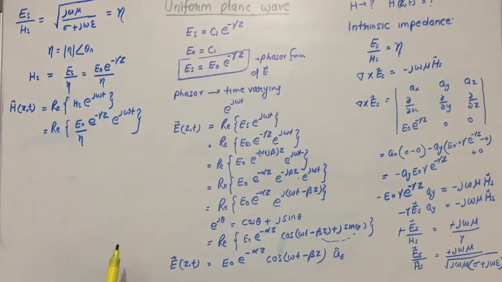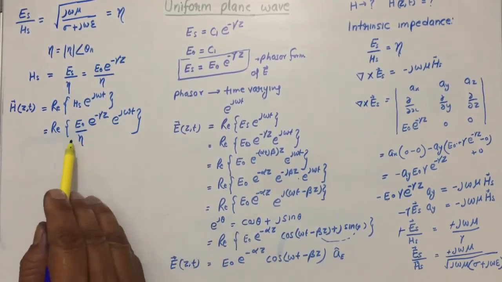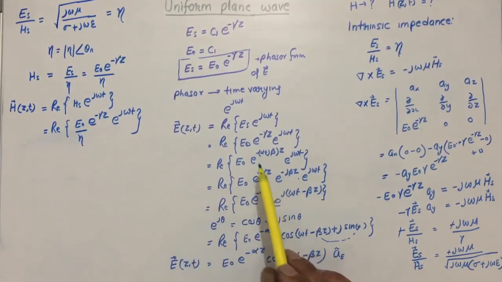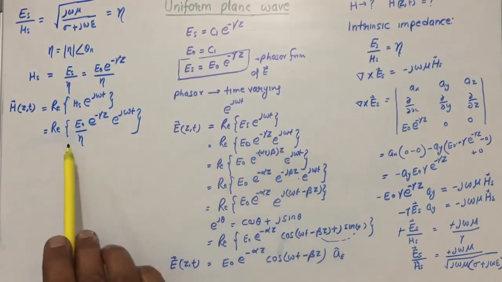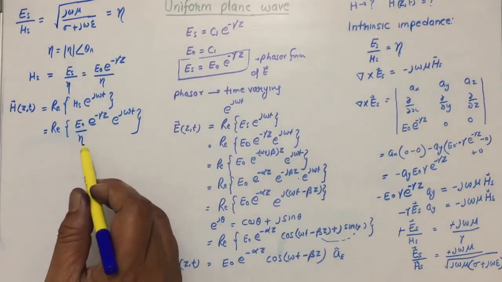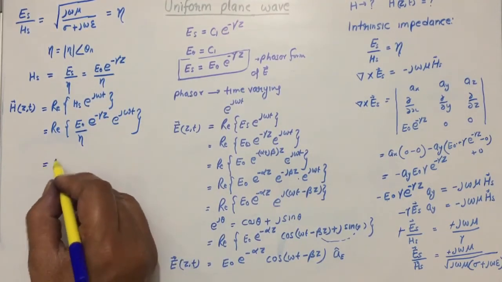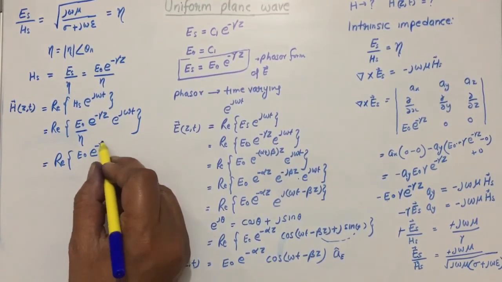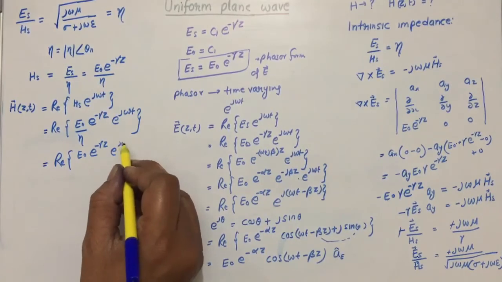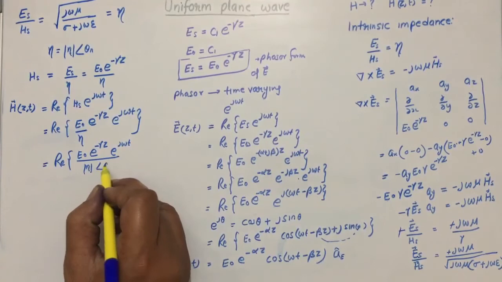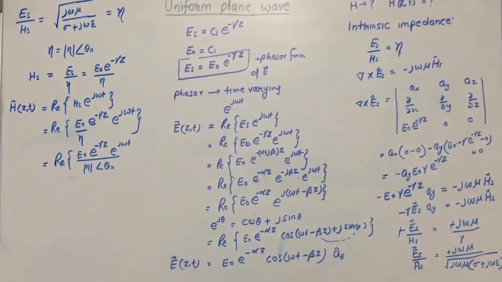Okay, what we find is that it is completely the same, just this term is additional. See here, only this term is additional, so put the value of this here. It will be the real part of E naught e to the power minus gamma z times e to the power j omega t divided by the magnitude with angle theta n.